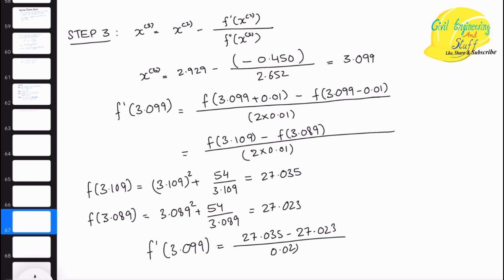On solving it, we'll see this value comes out to be 0.575. All right. So the first derivative value of the new point 3.099 is 0.575. All right, we have completed our step 3.